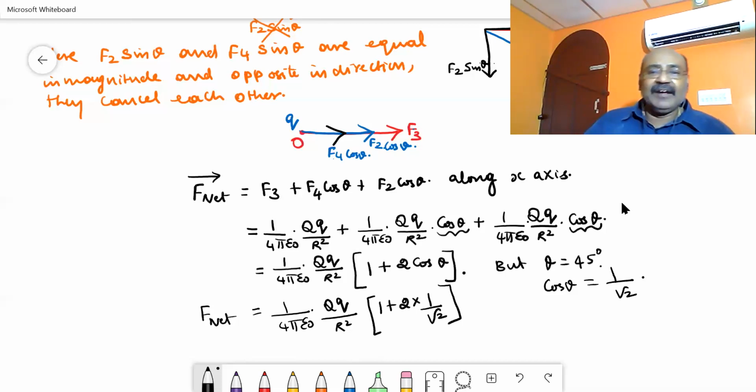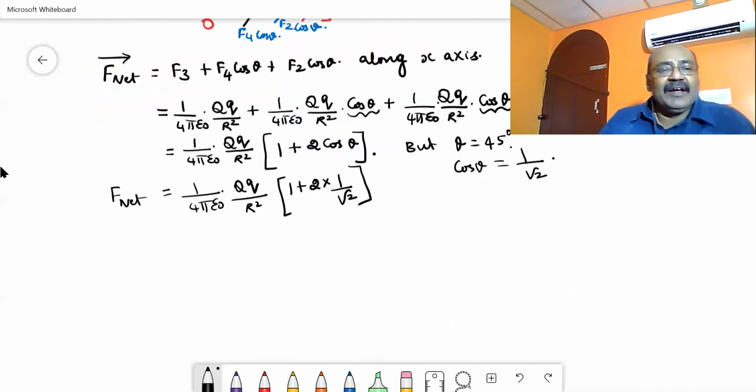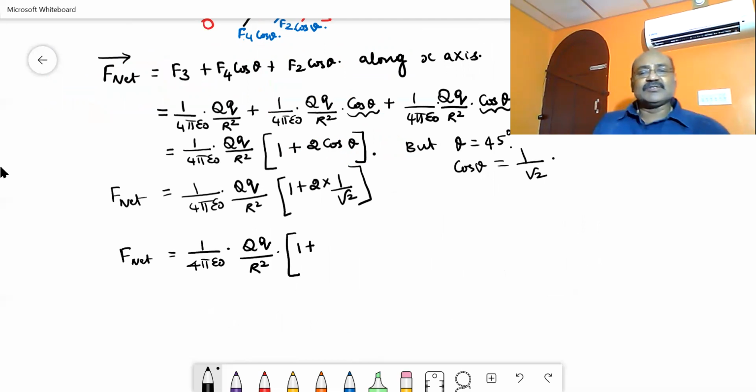So simplify. By simplifying, what is the answer that you get? F net is equal to 1 divided by 4 pi epsilon 0 into capital Q into small q divided by r square into 1 plus, this 2 and root 2 get cancelled to give root 2.